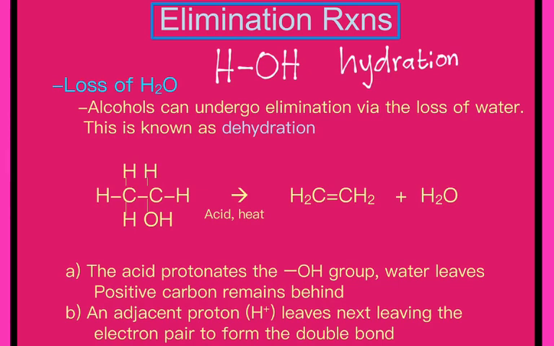So they figure out, we are going to remove the H and the OH. So I remove the OH and the H, and then I'll have a double bond. When I put them next to each other, it's H and OH. And somebody says, why do you write it like that?